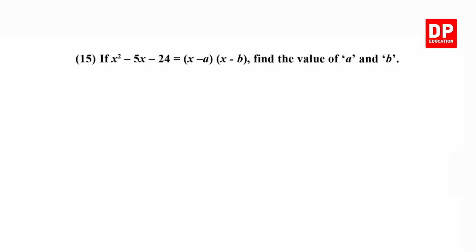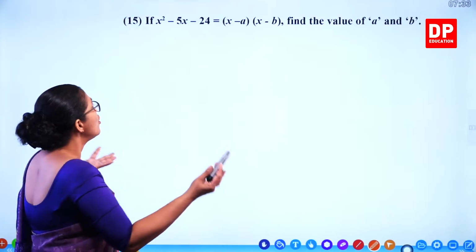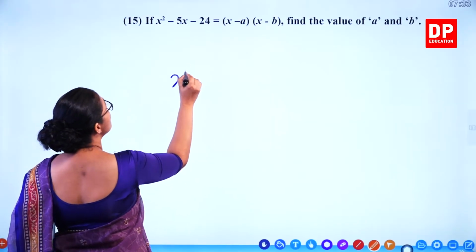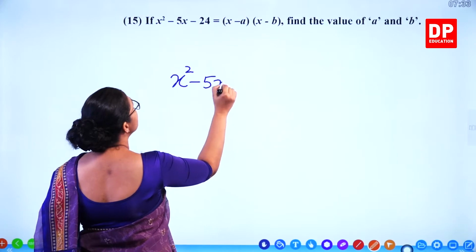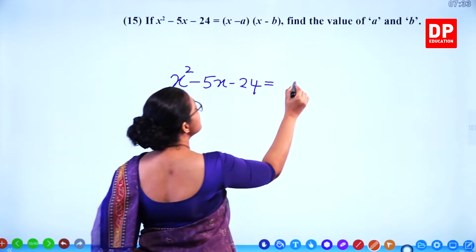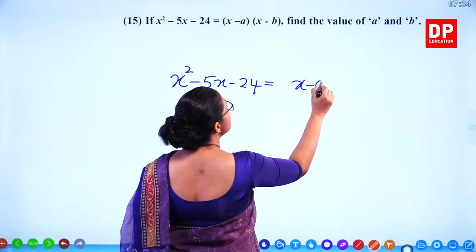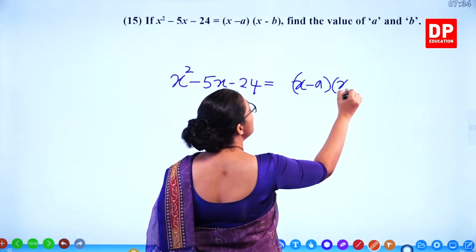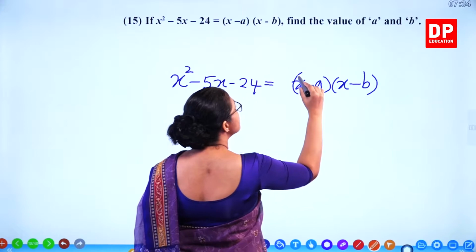Question number 15. If x squared minus 5x minus 24, find the value of a and b. So two sides are there, so you have to compare coefficients. Now if this is x minus a and x minus b, we'll try to expand brackets.